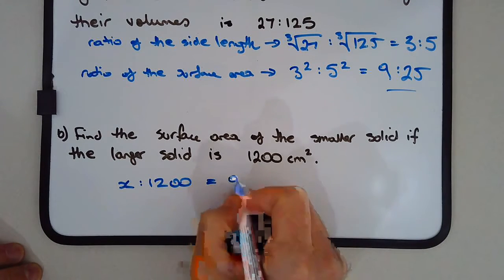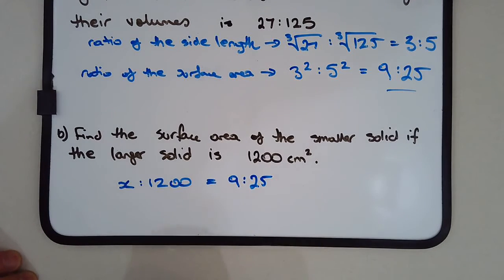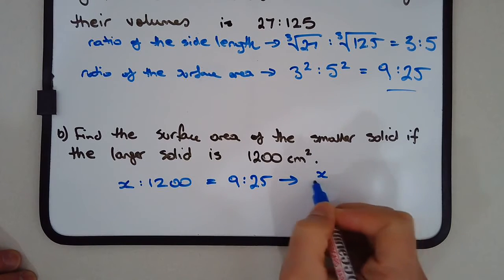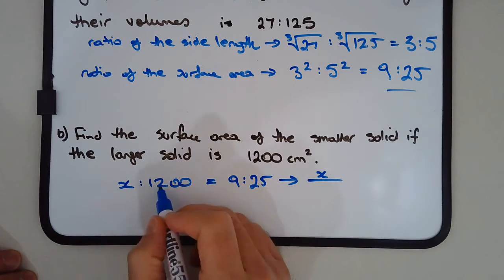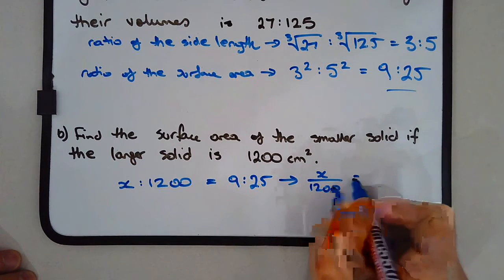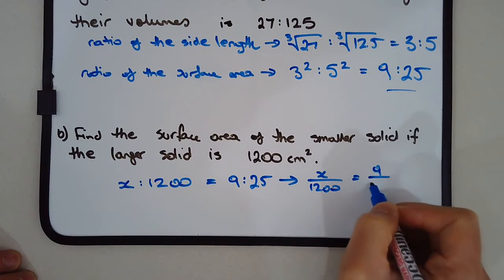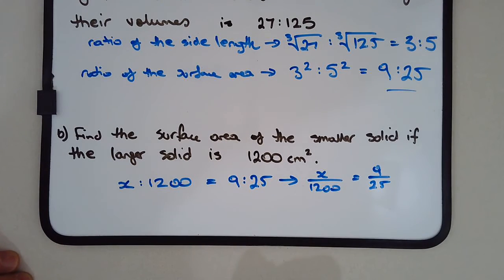So they're equivalent ratios, 9 to 25. So we could express this in fraction form, and it becomes a lot easier to solve when it's in fraction form. So X over 1,200 is equal to 9 over 25.